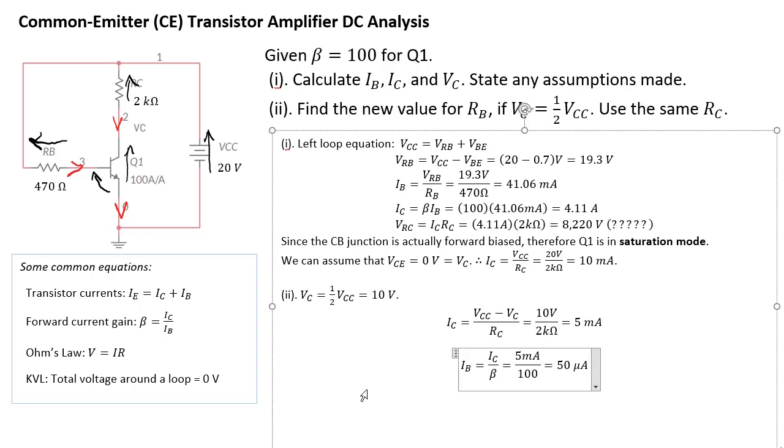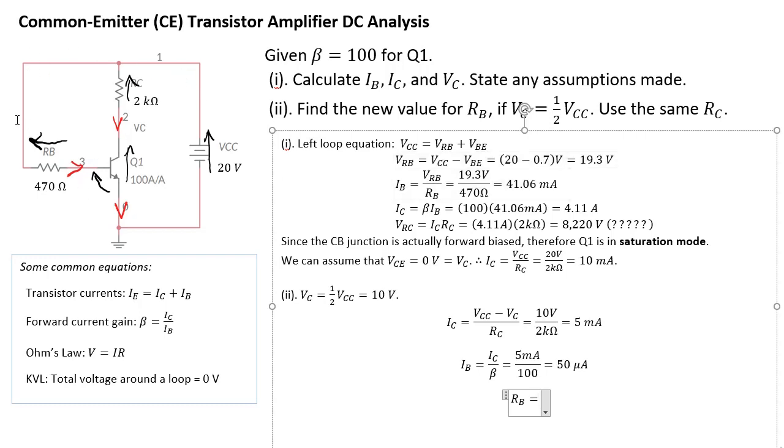Okay, so now that we know what IB is, we can work out what RB should be. Again, using Ohm's law, the new RB, R equals V over I. The voltage drop will be the same as the one that we had before, VRB is equal to 19.3 because nothing is changing.